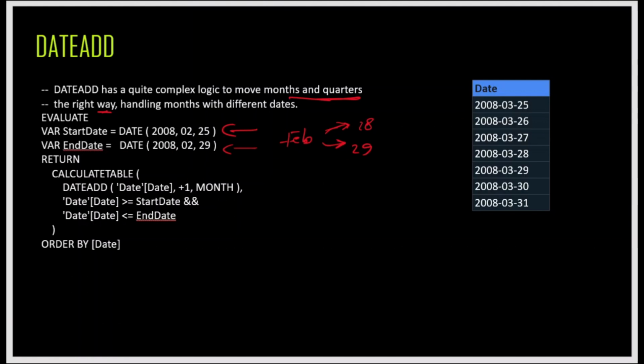So in this case, it identifies that 29 is the last day of February, and it will give the corresponding last day of next month. Here we are providing the interval as month, and we are shifting to the next month. So it knows that it needs to give the last date of next month. Instead of giving 29, it will give the last date of next month. So this is one interesting feature about the DATEADD function.